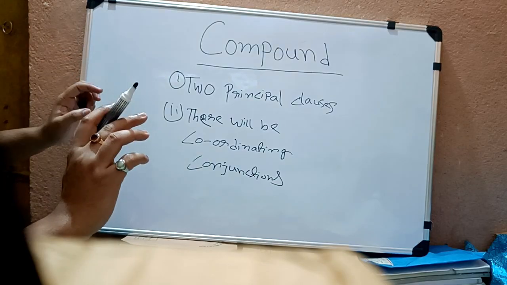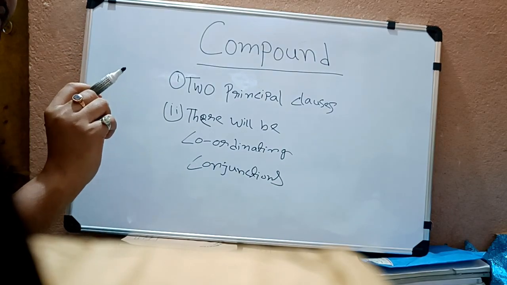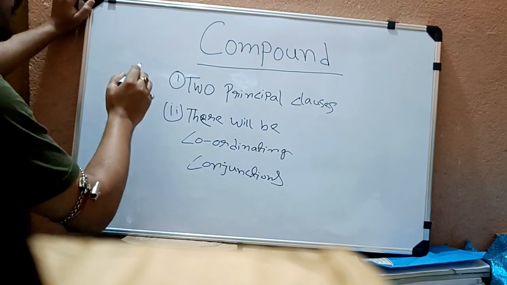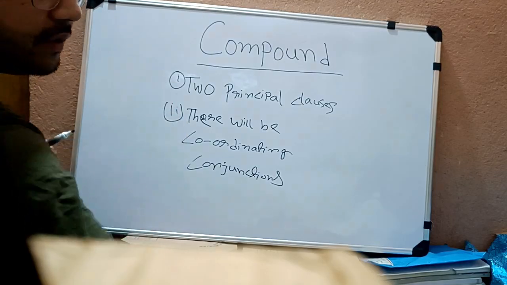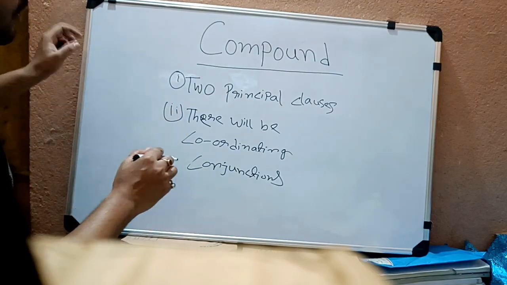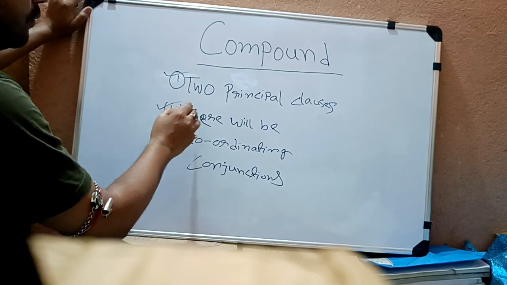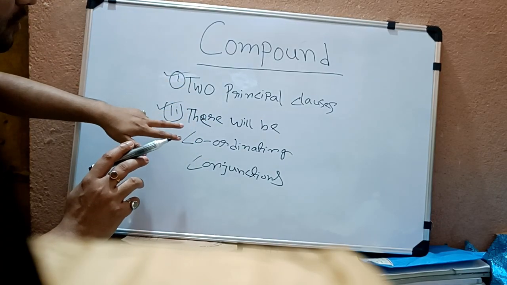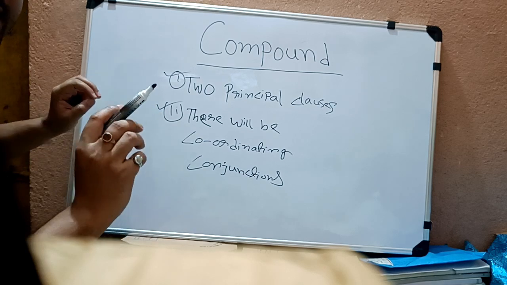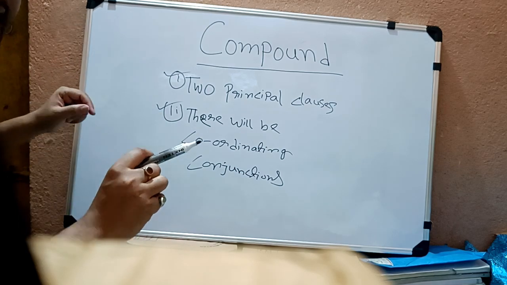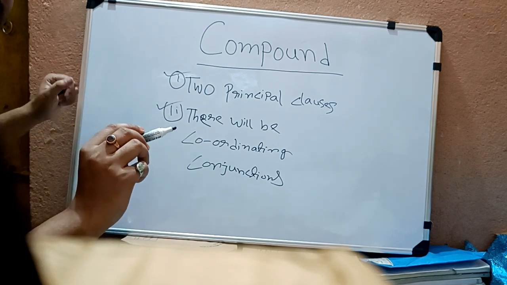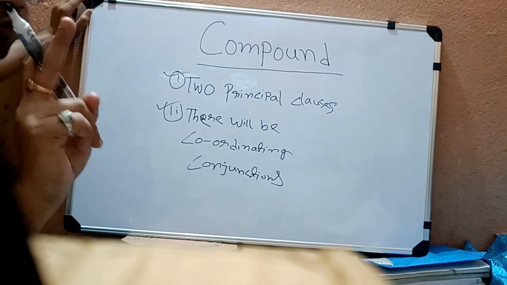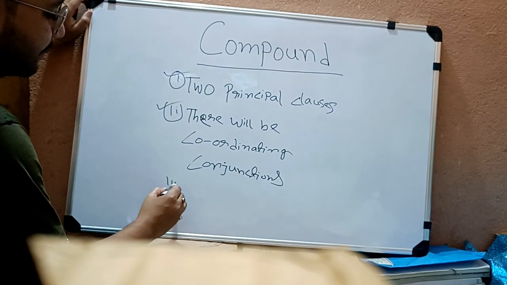If we want to remember it very clearly, briefly and easily, we have to remember a shortcut formula. Just write it down: two principal clauses, and there will be a coordinating conjunction in the middle of the clauses. Here the most important part is that the conjunction will be used in the middle of the two principal clauses.